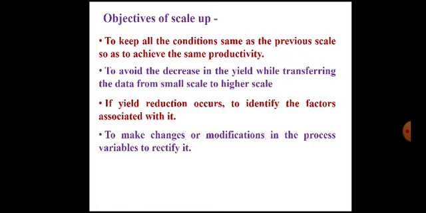So the third objective is to identify the factors which are responsible for decreasing the yield while transferring data from small scale to higher scale. So after identification of that factor, next step will be to correct it or to rectify it. So how is the rectification done? By causing the modification in that particular parameter or by changing the values of that particular key parameter.